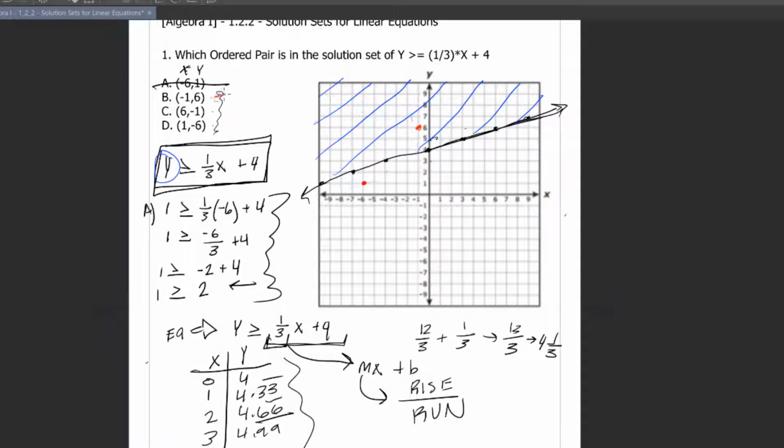That's B. That's a maybe. Let's look at C. (6, -1) is a no. It's down here in this region. D, (1, -6), no. So we know A is not it, D is not it, C is not it. So our final answer is B.